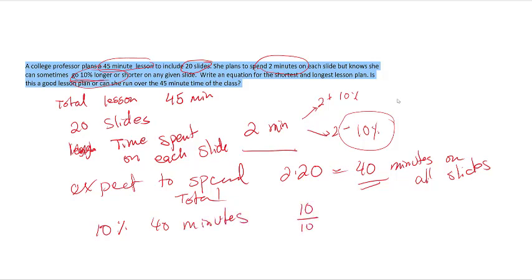We do 10 over 100 times 40, right? We have 10 as our percentage in a ratio to 100 times 40. That equals 4, right?